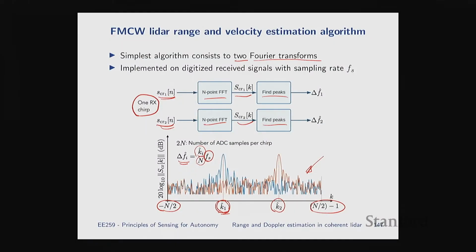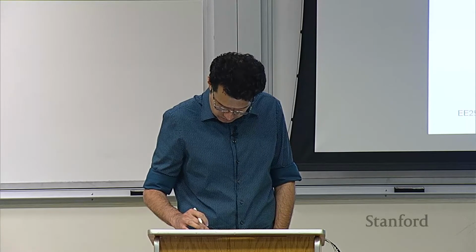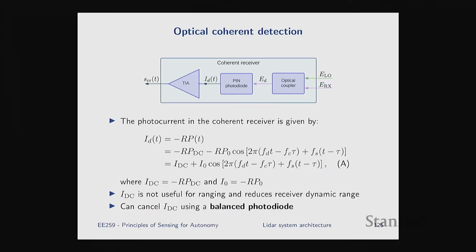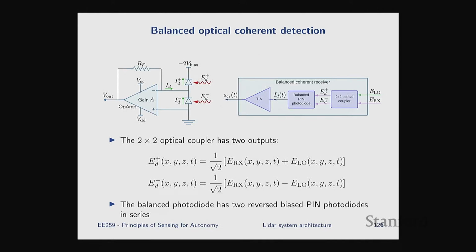The carrier term goes away in the coherent receiver, so it gets basically mixed down to baseband. If you want the full derivation of how that happens, it's in the notes. I'm just going to refer you to where we start talking about the optical coherent detection. We go through the full thing from the ground up.